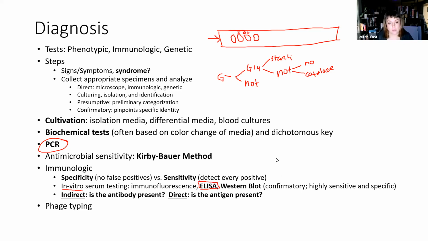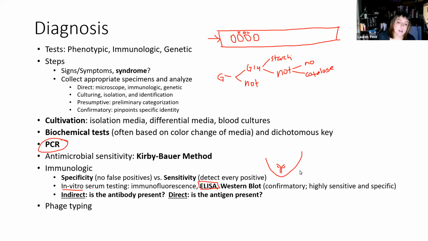Because, remember, indirect, I don't know how to make it easier to remember. The only way I remember it is that if you were doing a sandwich ELISA, you have stuck to the bottom of your well an antibody. So with these tests, you have to have a known. You either have to know the antibody or you have to know the antigen and what you're looking for.